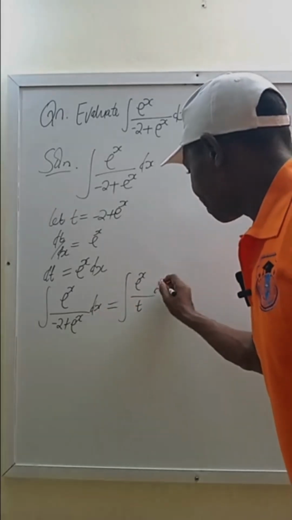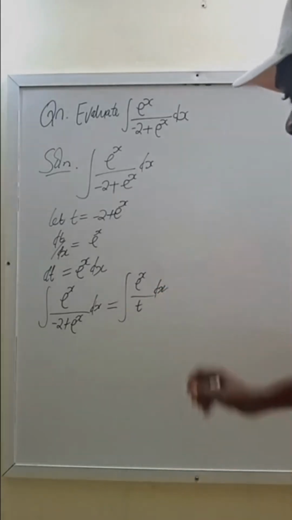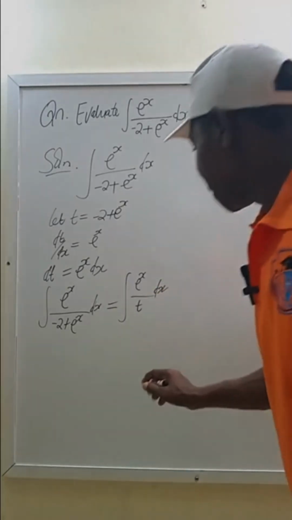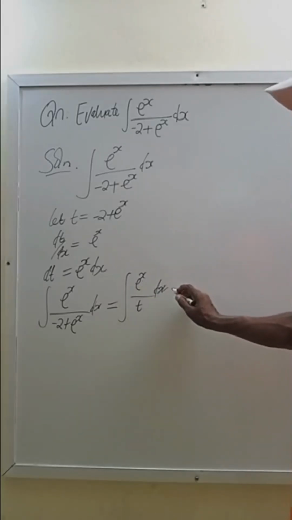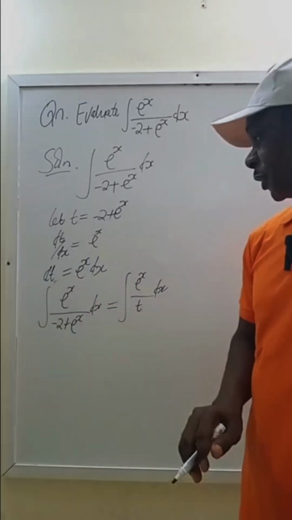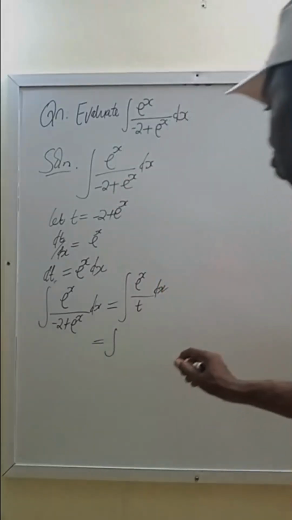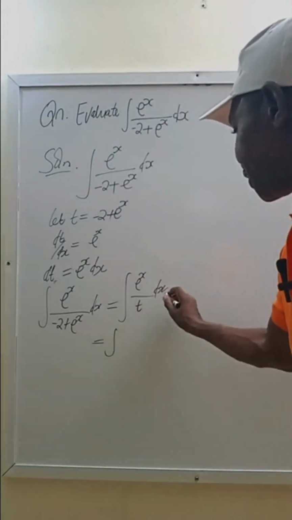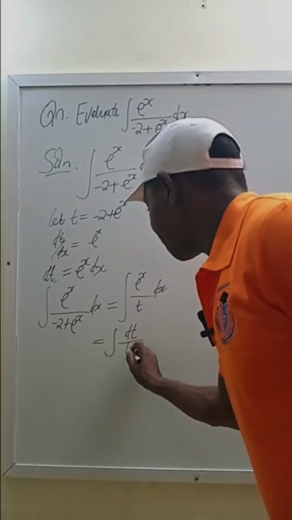Do you see this combination? Here's a multiplication, e to the power of x dx. This combination is the same as writing dt. So our integration is reduced to dt divided by t.